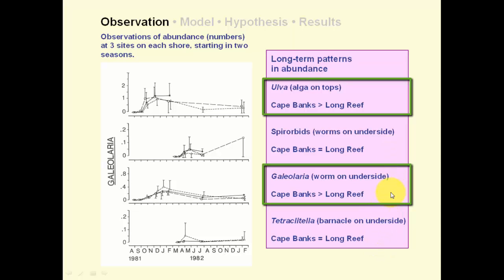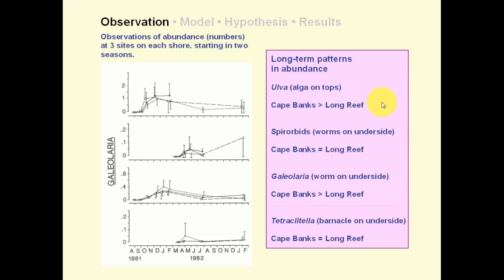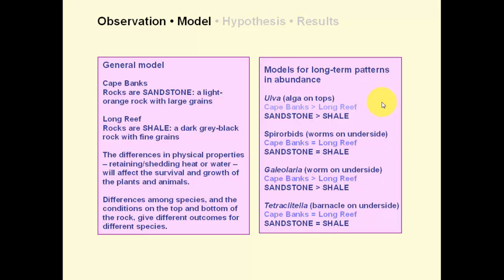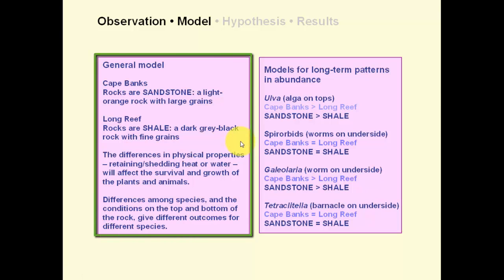But for the other 2, I find a clear and consistent difference, with the species being more common at Cape Banks than at Long Reef. So the second stage here is clearly to build a model. And what I've done over here in the left panel is give you a bit more information and put together the general model.